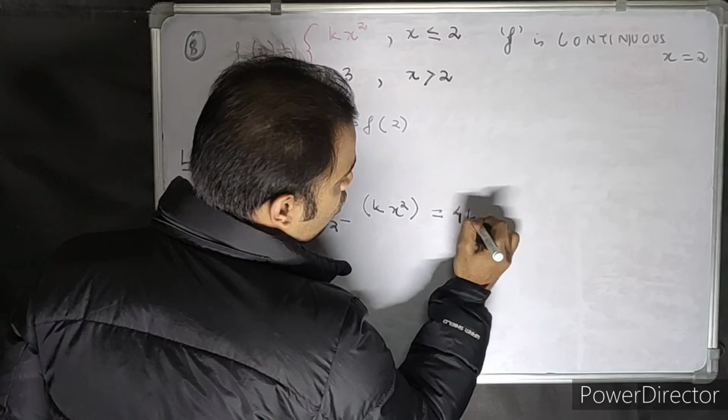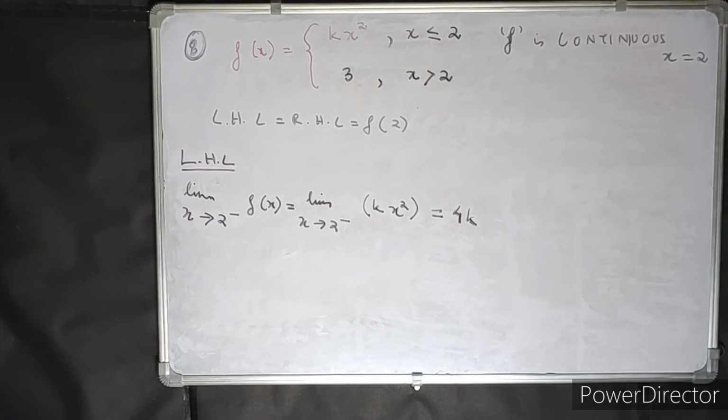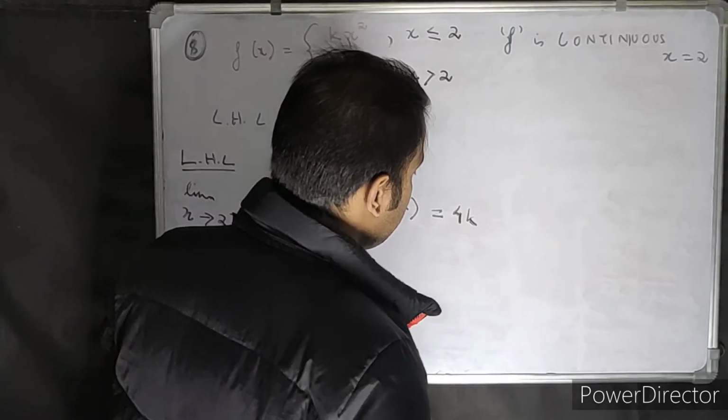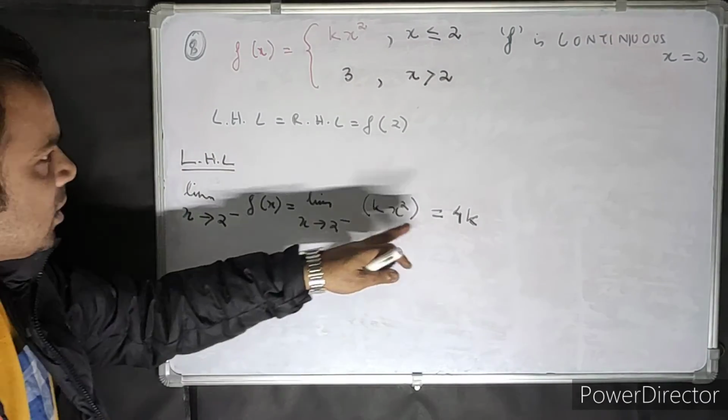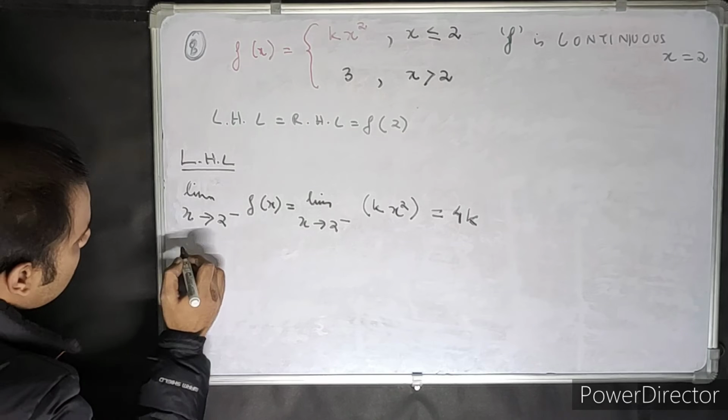See, put 2 in place of x and square it, so that's 2 square, and k was left, so that is kx square.